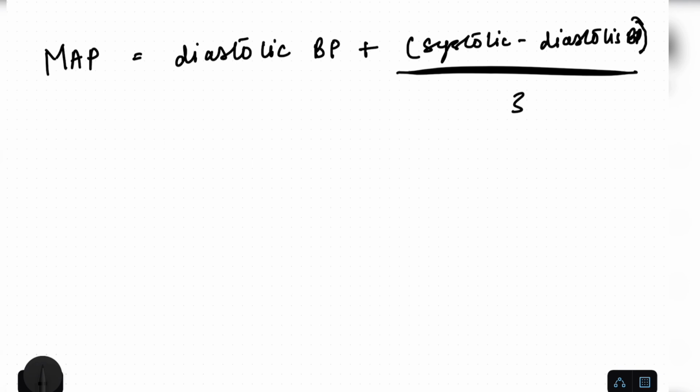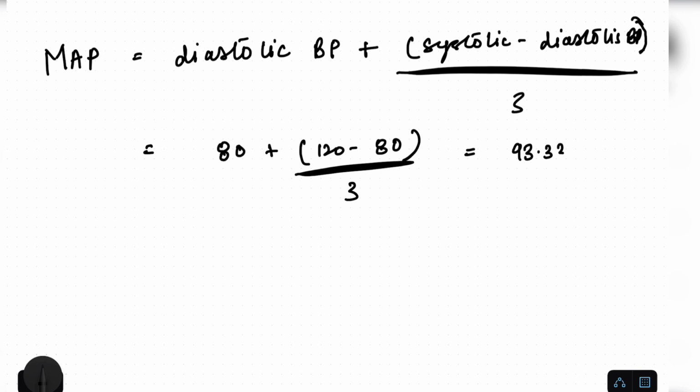Now if we take mean arterial pressure, as you can see, it equals diastolic blood pressure plus systolic minus diastolic divided by 3. When we calculate this, it comes out to be 93.33. This is the normal mean arterial pressure.